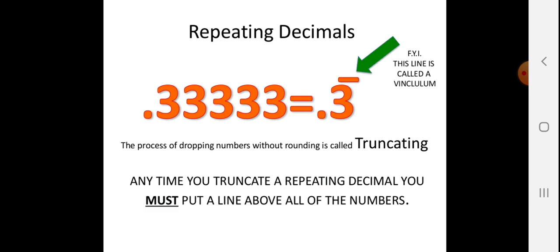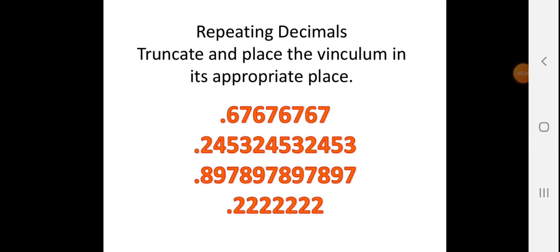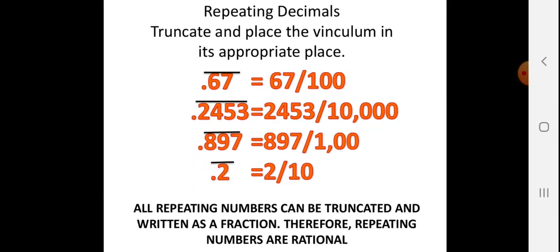You can see that I have put 0.3 bar here. Anytime you write a repeating decimal, you must put a line above the repeating digits, which is called the bar. Repeating decimals: 0.676767 and so on, you can write as 0.67 bar. Next is 0.2453 bar, 0.897 bar, 0.2 bar.